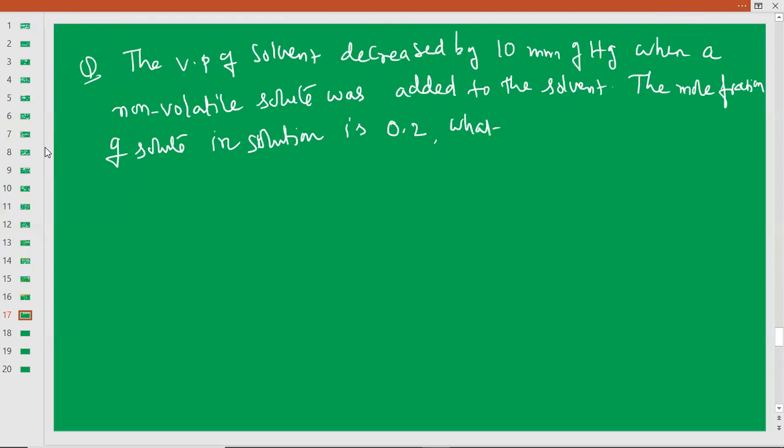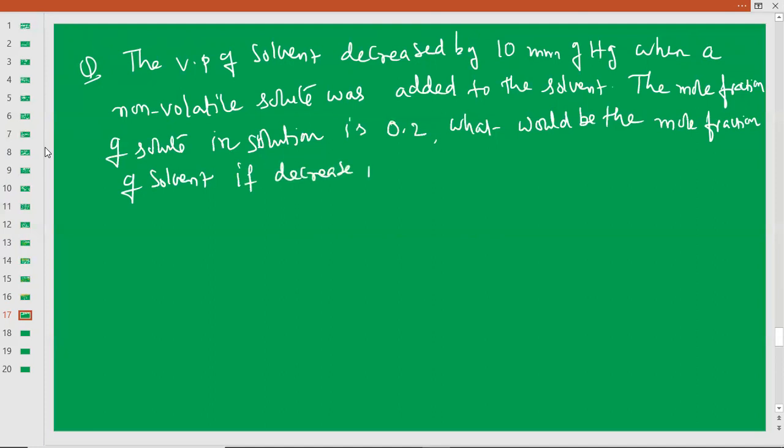The question is, what would be the mole fraction of solvent if the decrease in vapor pressure is 20 millimeter of Hg?